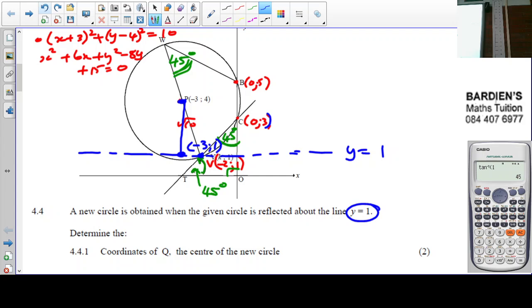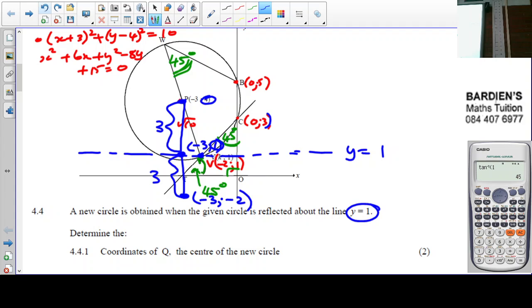So if I reflect it and fold it in this line y is equal to 1, then that point now would fall 3 units down, because the distance from 4 to 1 is 3. 3 units down. So from 1 minus 3 is going to give you negative 2. So it's negative 3 and negative 2. So the center of the new circle will be at negative 3 and negative 2. Understand?